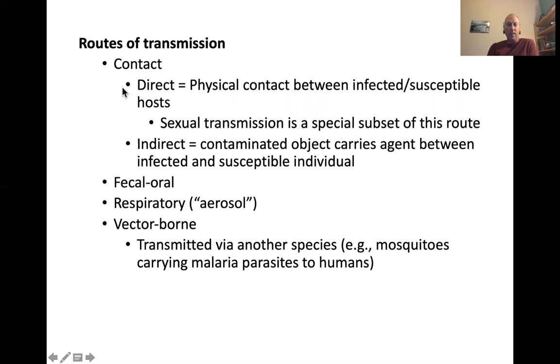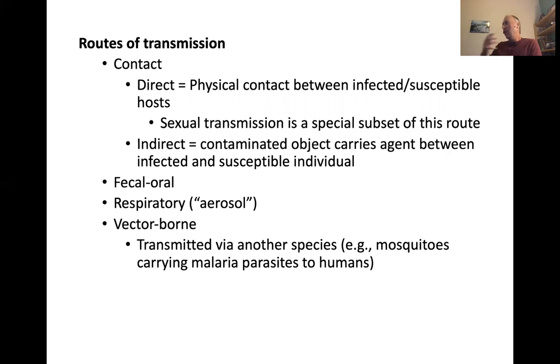Then there's indirect contact-based transmission, where the pathogen from one host contaminates something that came from that host, and then the intermediary object, the new host comes into contact with that, and the transmission is that way. That would be, for example, coughing on your hand, and well, that's not a great example.